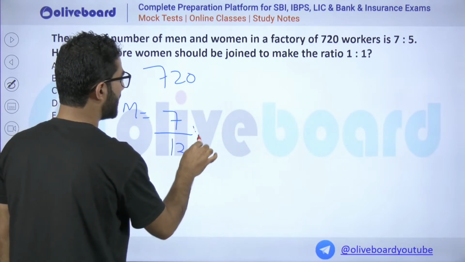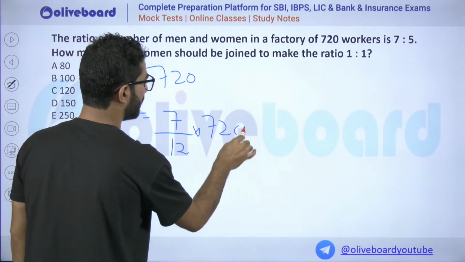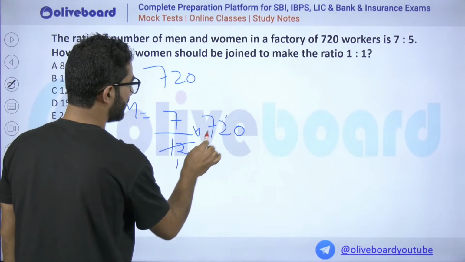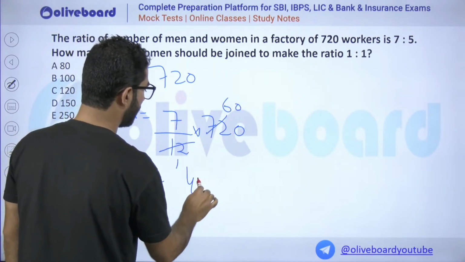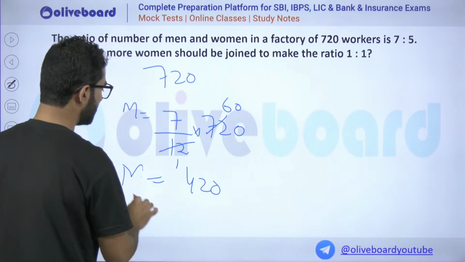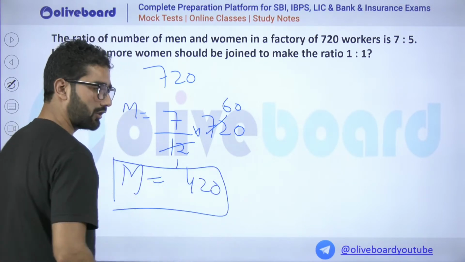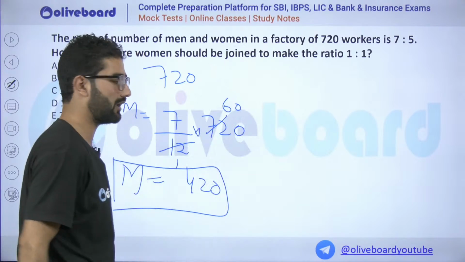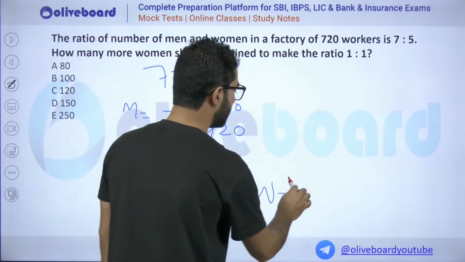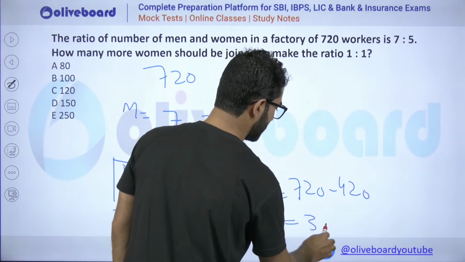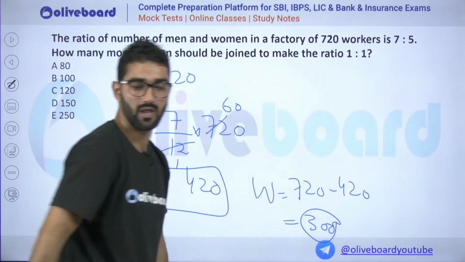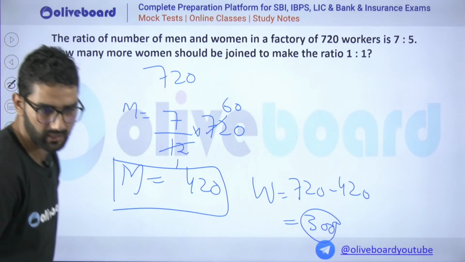It is 12. 720 divided by 12 is 60. So 60 times 7 is 420. So there are 420 men. Total was 720. How many women will there be? That will be 720 minus 420, that is 300.